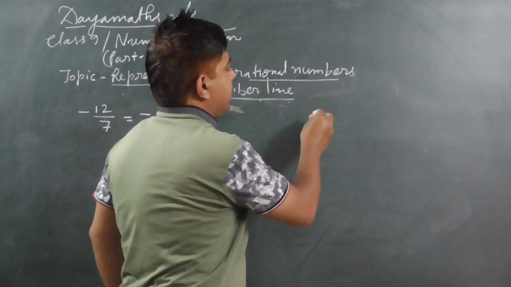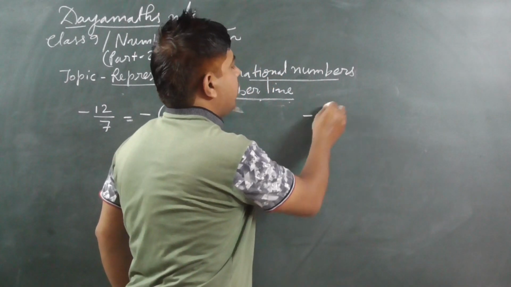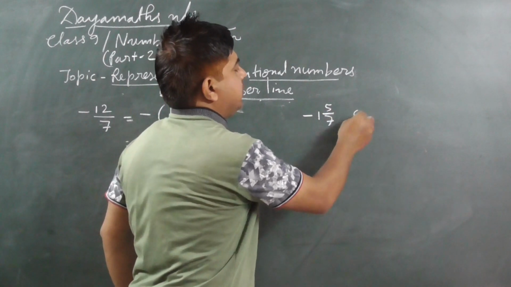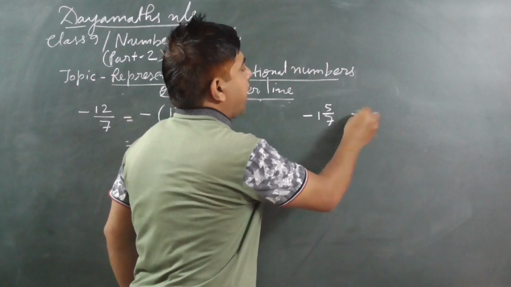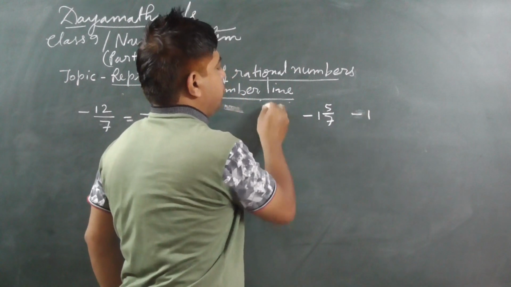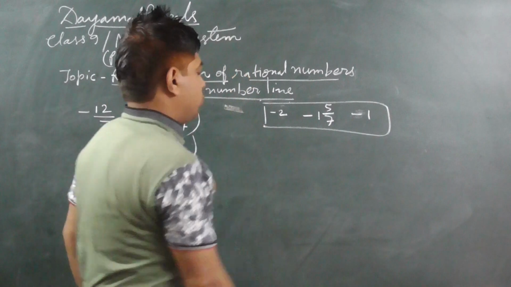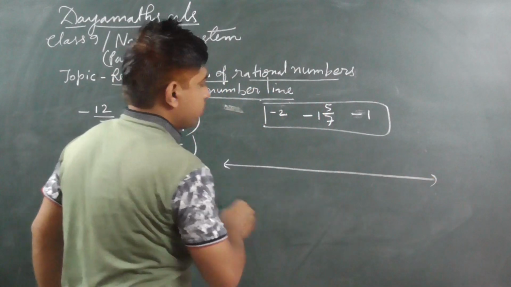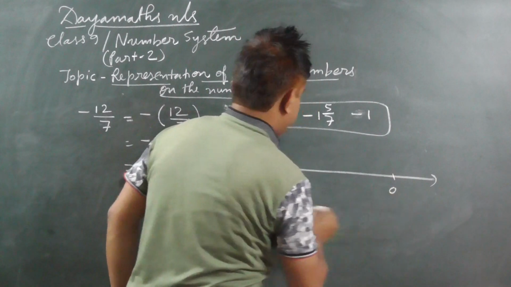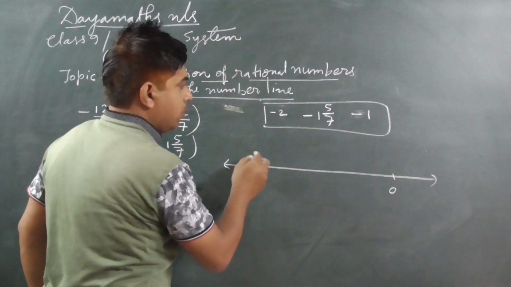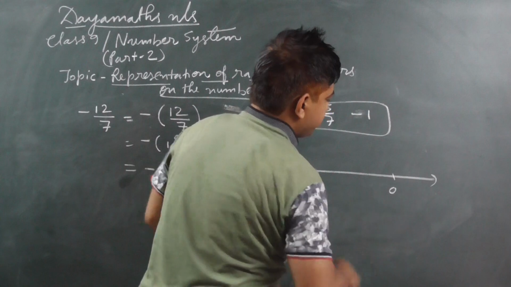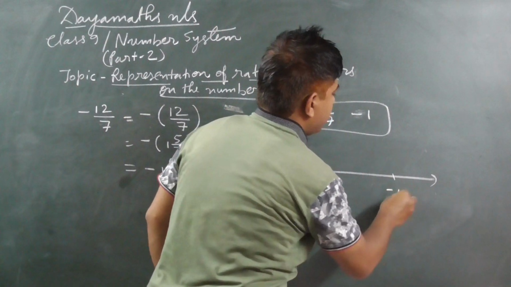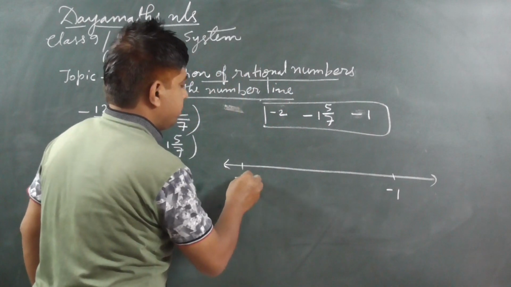Now minus 1 and 5 by 7 will lie between minus 1 and minus 2. So draw a line, take 0 here. Sorry, I'm making a mistake here. Here minus 1 and here minus 2.